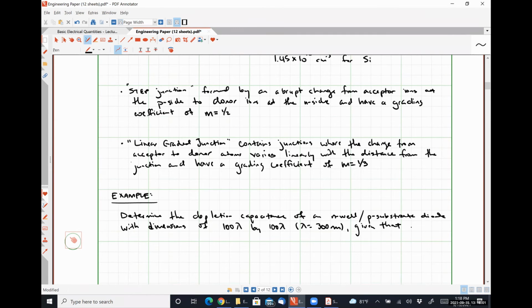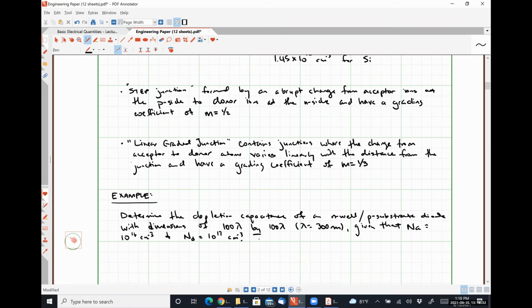Given that the substrate is doped with 10 to the 16 per cubic centimeter concentration, and our N well is doped with 10 to the 17 per cubic centimeter concentration levels.